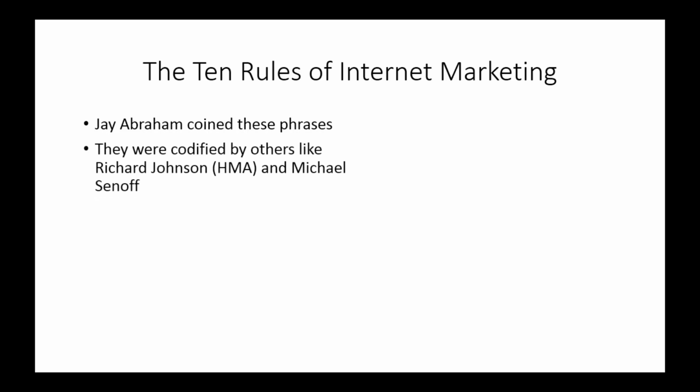Now, what we're going to be talking about is a system. What is the system of marketing for small independent businesses? These phrases actually are not original to this course.